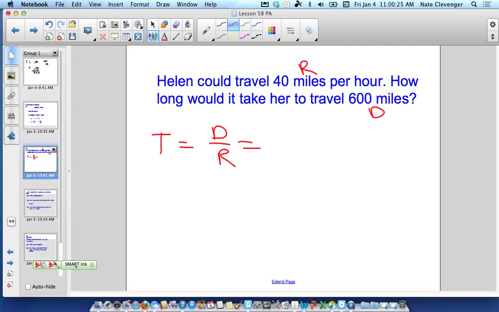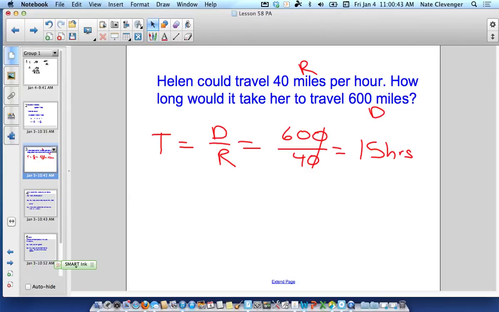So that's going to be the distance being 600 over the rate of 40. And we can cancel our zeros. 60 divided by 4 is 15 hours. Right, moving on.